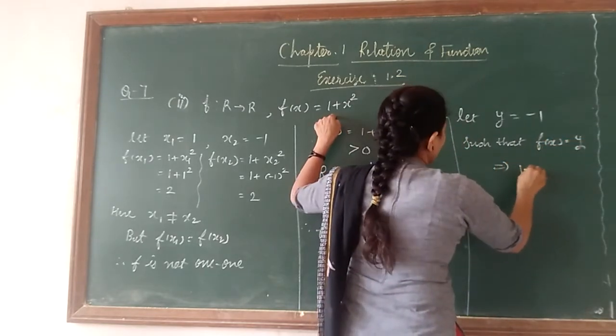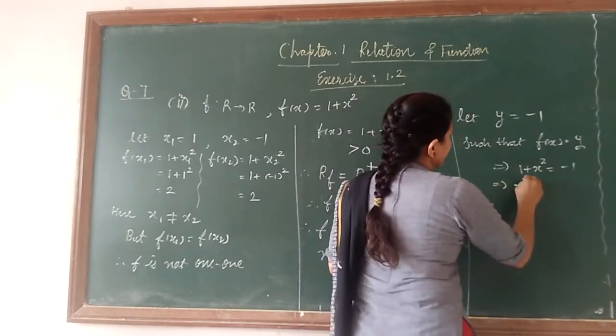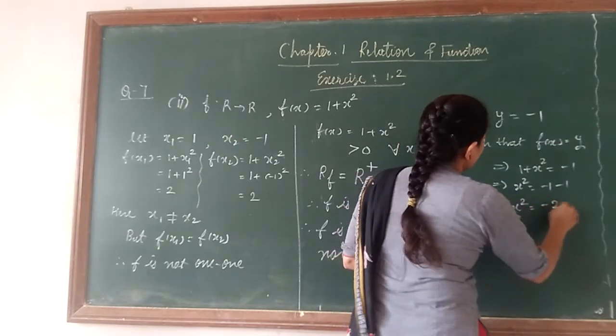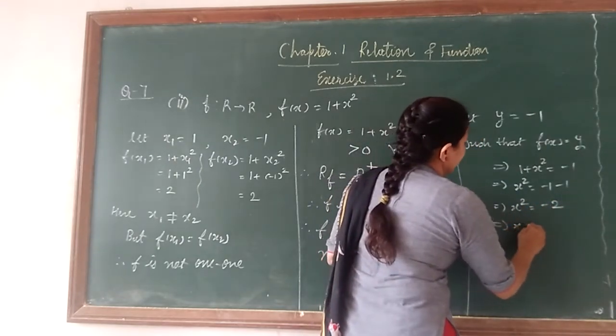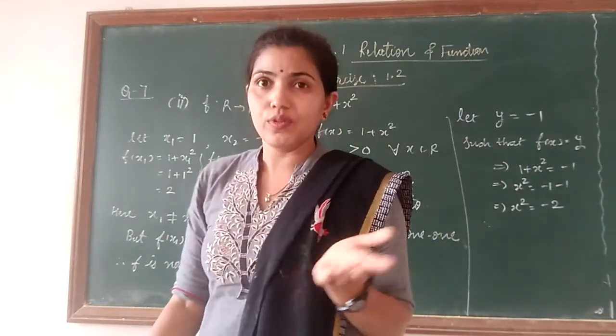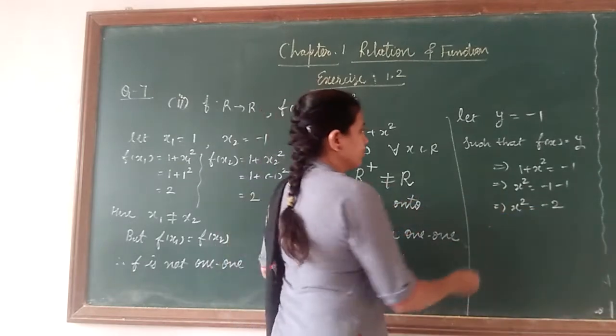That means what is f of x? 1 plus x square is equal to minus 1. That means x square is equal to minus 1 minus 1, that is x square is equal to minus 2. x square cannot be negative. For any real number, the square is never negative.